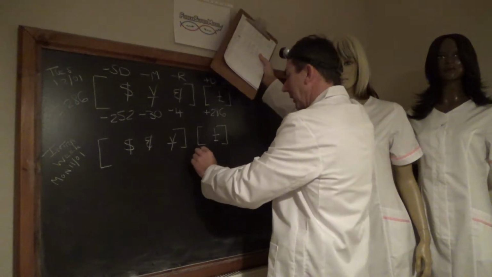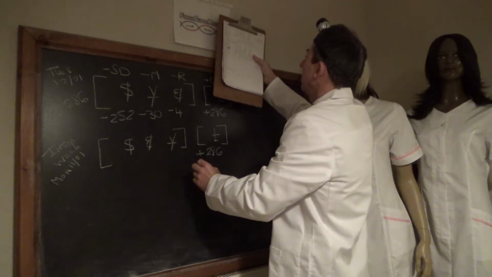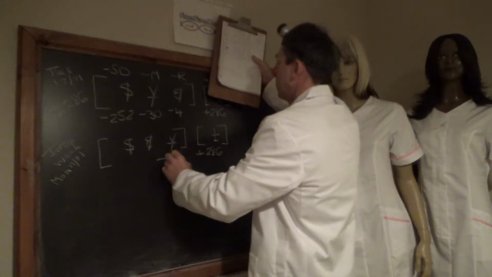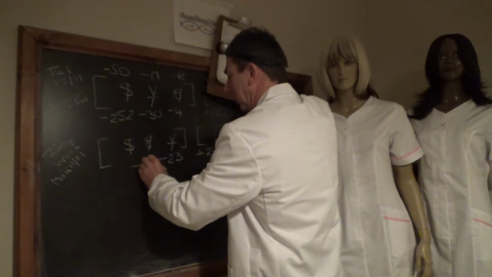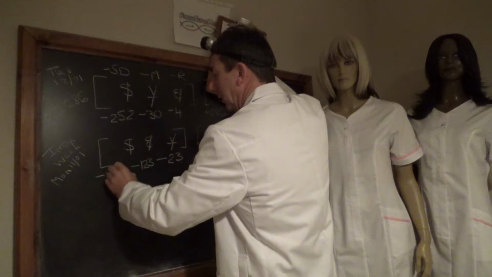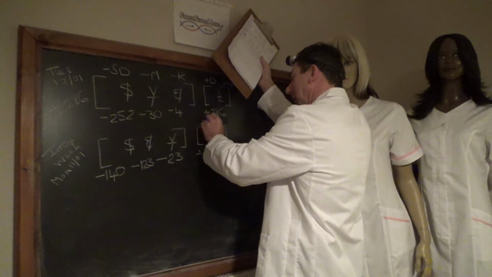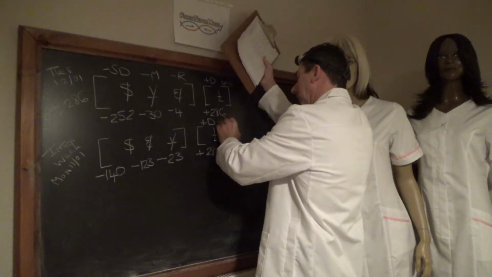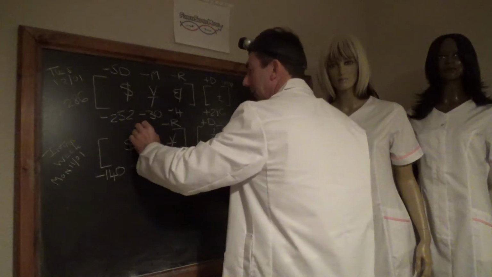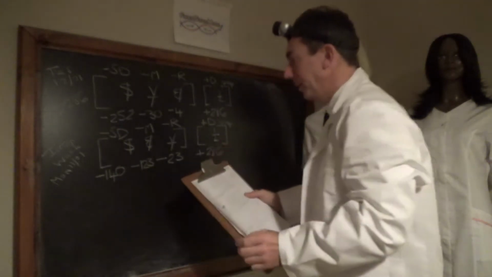Plus 286 again, funnily enough, for the pound, minus 23 for the yen, minus 123 for the euro, and minus 140 for the dollar. So we've got a positive unopposed driver in the pound, a negative rock in the yen, negative mover in the euro, and negative secondary driver in the dollar.